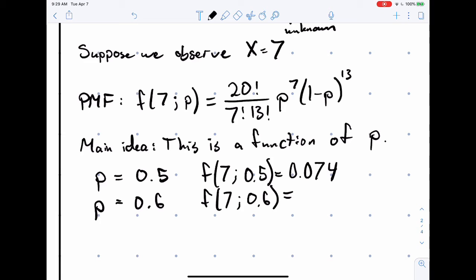This is equal to 0.015. So note that this is smaller than the one above it, okay? So that means that it's probably less likely that the true p is equal to 0.6 compared to 0.5.